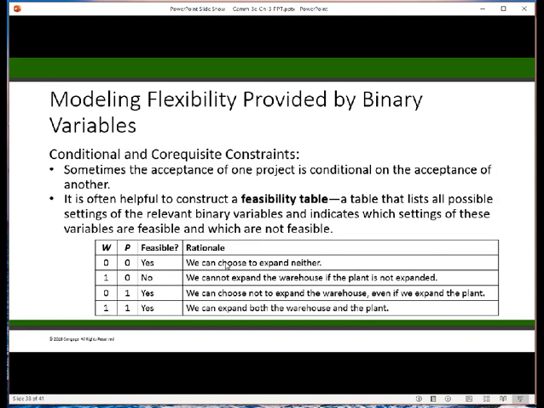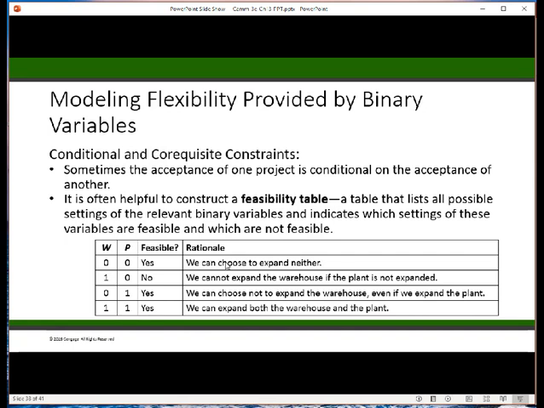There's also conditional and co-requisite constraints. So sometimes the acceptance of a project is conditional on the acceptance of another. And we can use a feasibility table that we see here in this slide that lists all the possible settings of the relevant binary variables and indicates which settings of these variables are feasible and which ones are not.